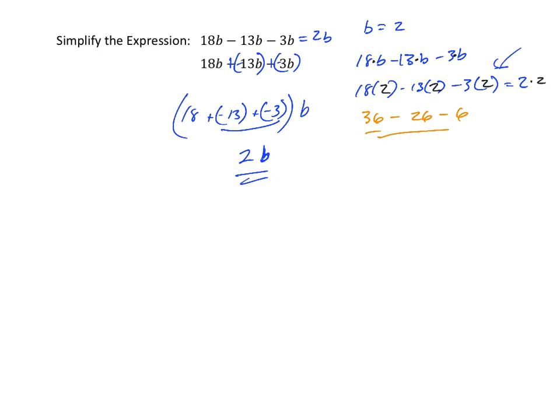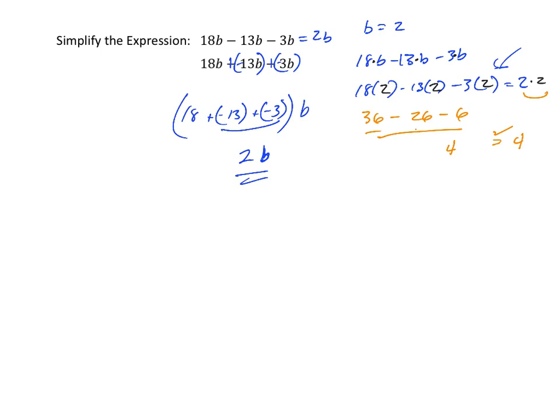So 36 minus 26 is 10, minus 6 is 4. And 2 times 2 is 4. Yep, these are equivalent when b equals 2. If b equals 3, they'll come out the same. They'll come out to be the same number, just not 4.